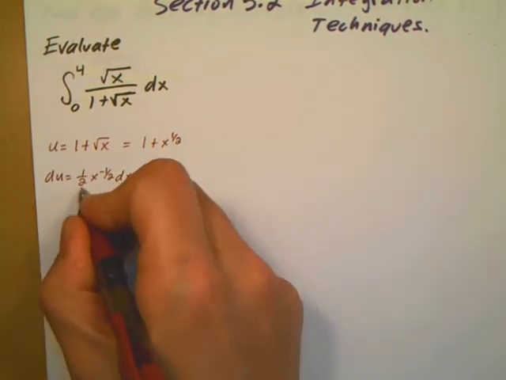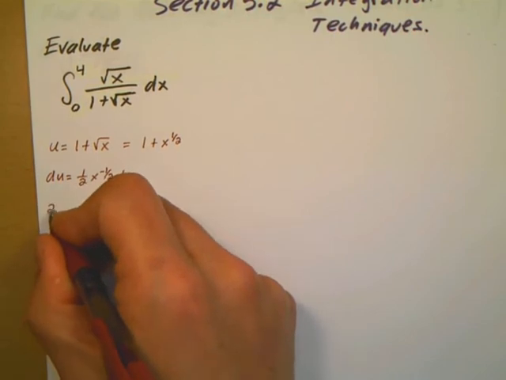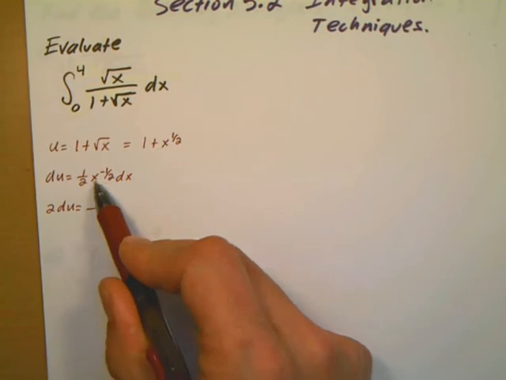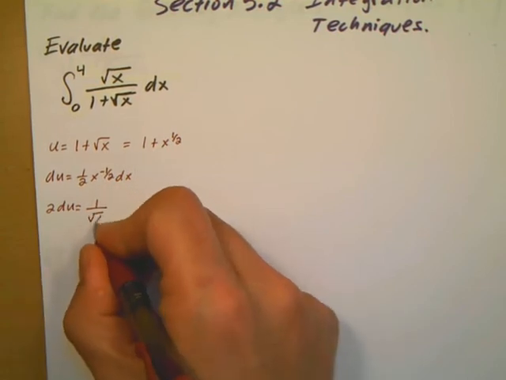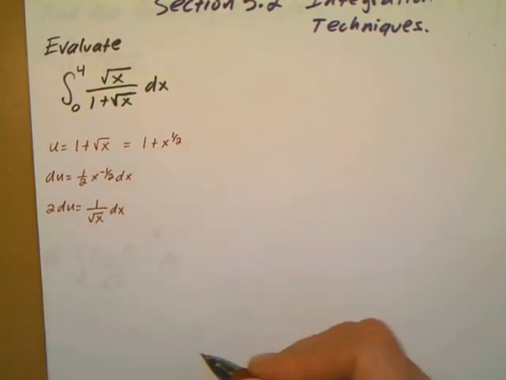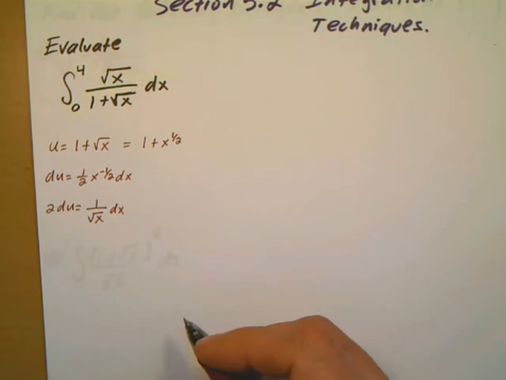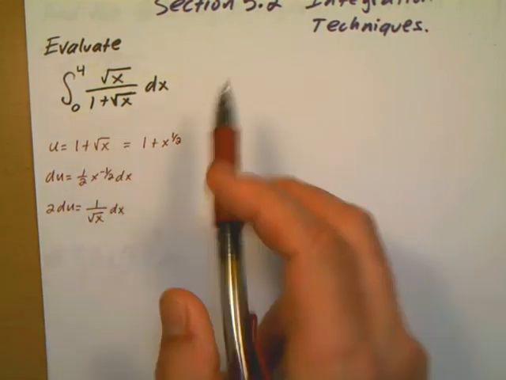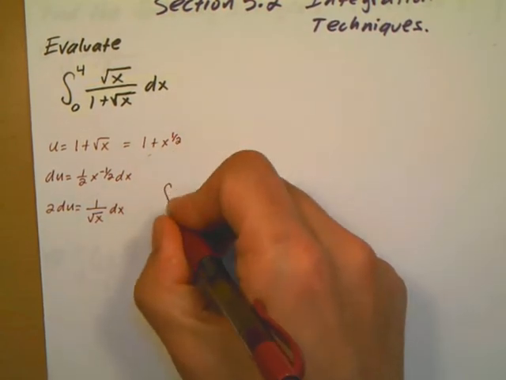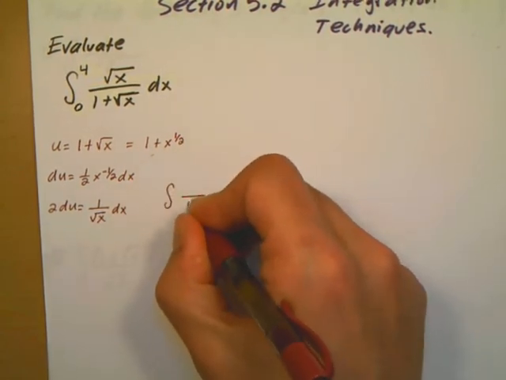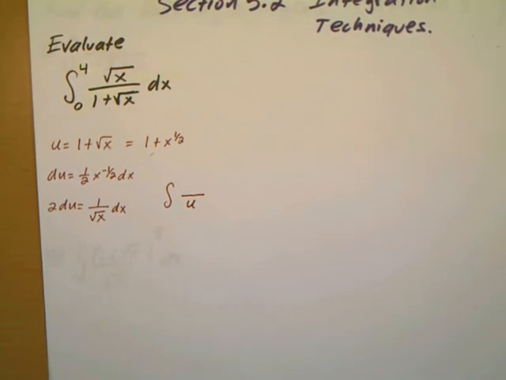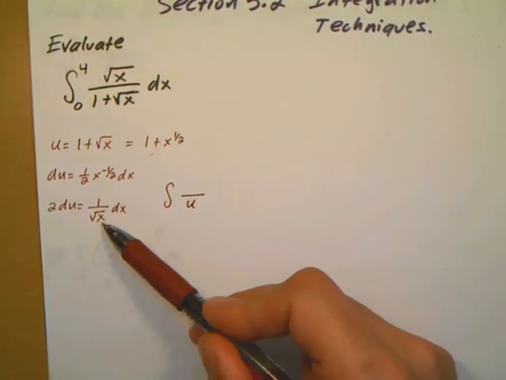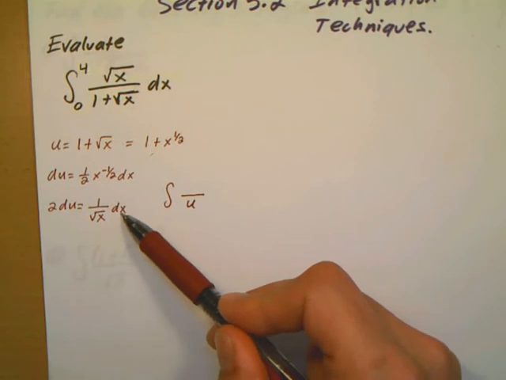And so if I multiply this 1/2 over, 2 du is equal to x to the negative 1/2, which is 1 over square root of x, dx. And the problem with this is I let u be the denominator part. So if I try to rewrite my integral, I would let u equal the denominator. But my du has to have a square root of x in the denominator and a dx next to it.